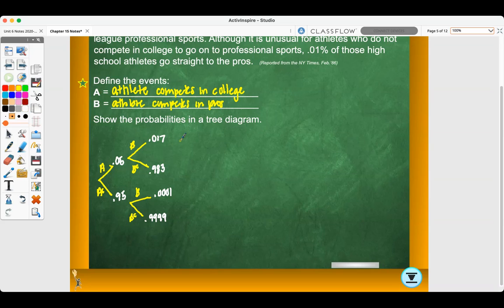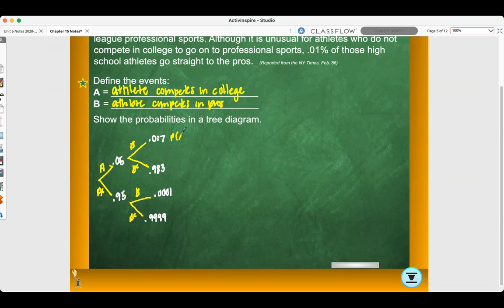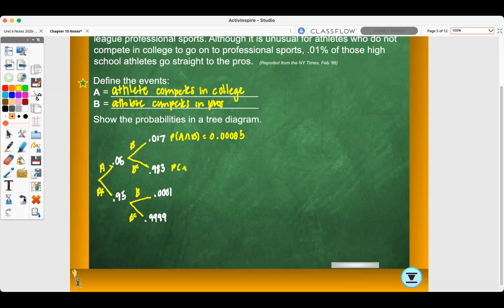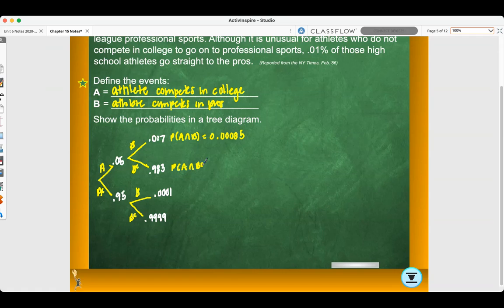We have the probability of A and B, which equals 0.00085. Then we have the probability of college only, which would be A and B complement, which would be 0.04915.